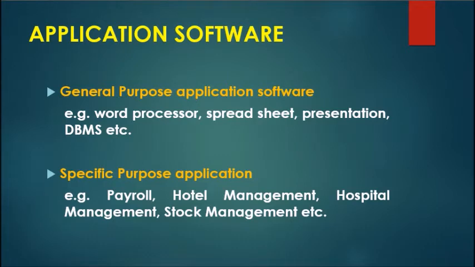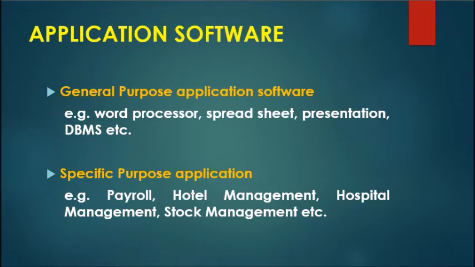Example, formatting text, creating charts, organizing tables, etc. It is relatively cheap and easily available for all to use. There will be lots of user support, that is books, user guides, online help and discussion forums on the internet for general purpose application software.